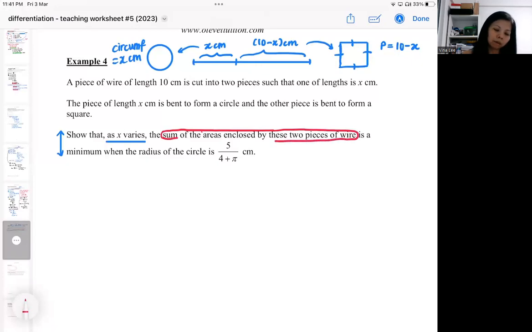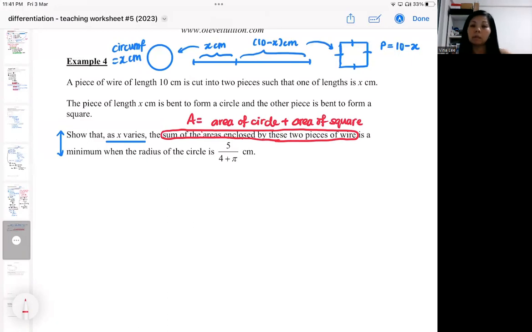So if we break down this idea, it's just as good as the area of circle plus the area of square. So it's like a big capital A, the sum of the area enclosed by the two pieces of wire. So obviously it's just the circle and the square.